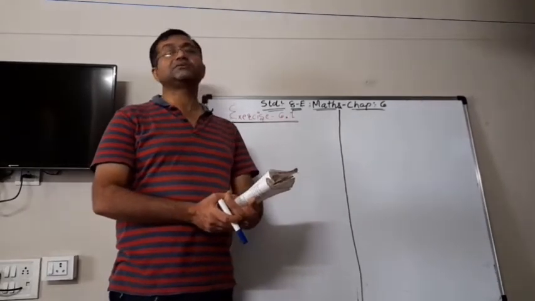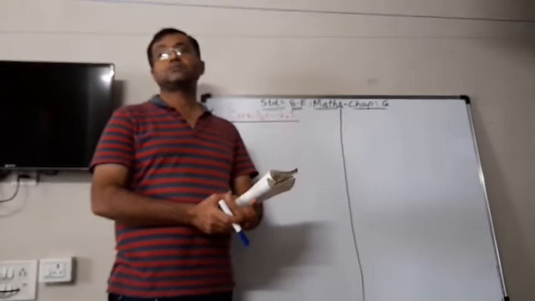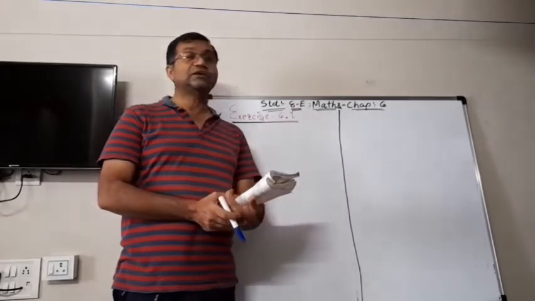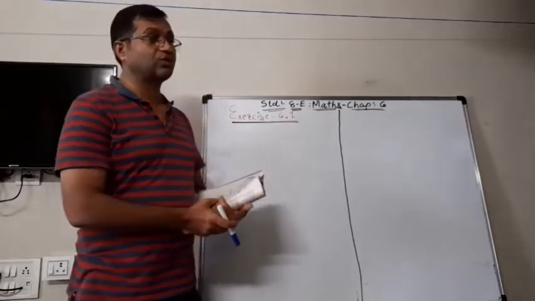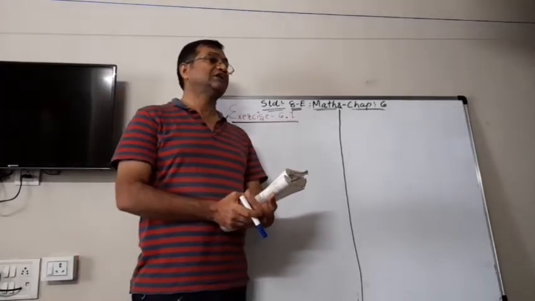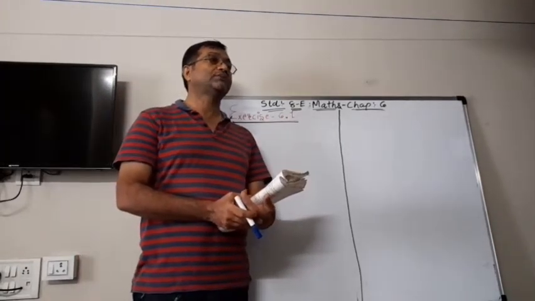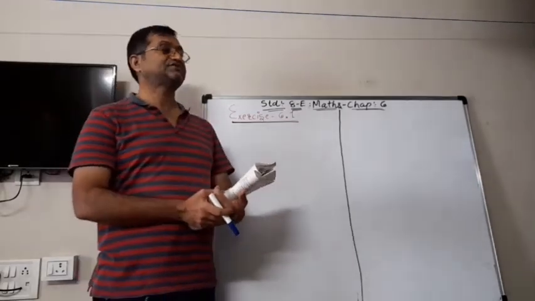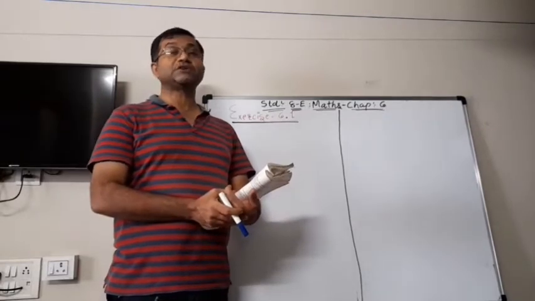Until now we learned the square, then square numbers or the perfect squares. We learned some properties of the square numbers and some interesting patterns also.